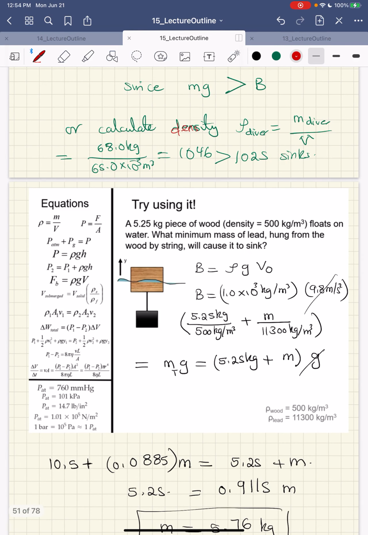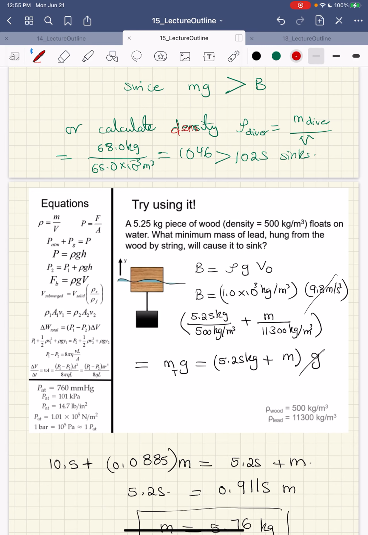This one here is also related to buoyancy. A 5.25 kilogram piece of wood, with density equal to 500 kilograms per cubic meter, floats on water. What minimum mass of lead hung from the wood by string will cause it to sink? I calculated the buoyancy first, and I know that I have an unknown, m.